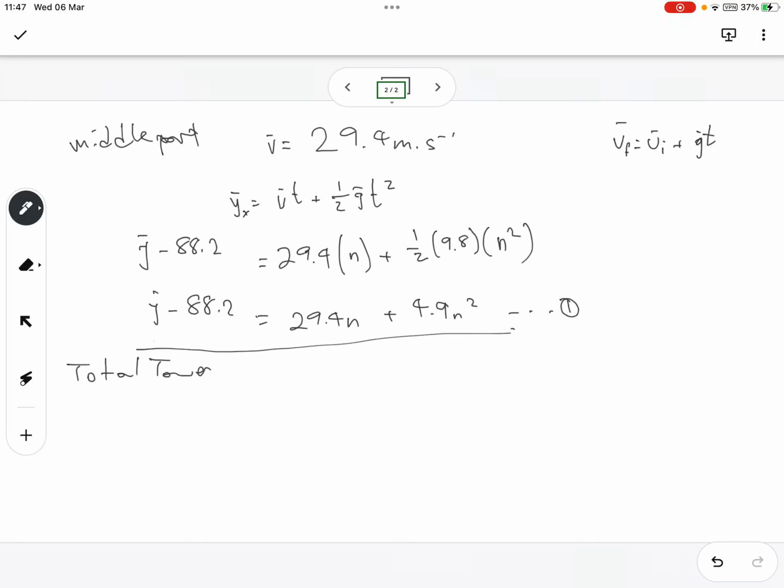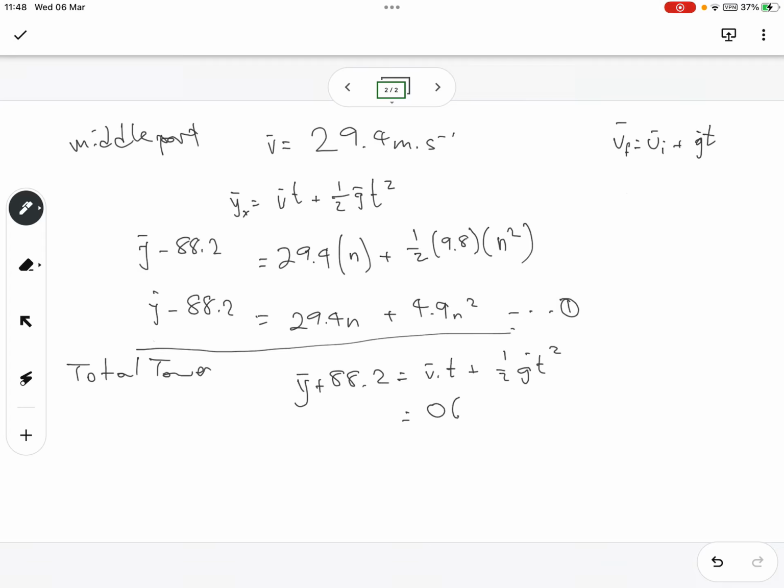Okay, so we've got that. And now you're saying for the total height of the tower, which would be y bar plus 88.2, should equal the initial velocity 0 times time plus a half g t squared.